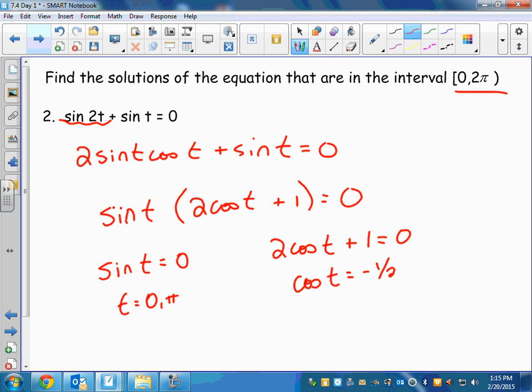Angel, 2 pi is also true, but look at the way the notation is. 0 is included, 2 pi isn't. And where does cosine equal negative 1/2? Cosine is x. So yeah, so pi thirds is the 1/2. So it's negative at 2 pi thirds and 4 pi thirds.